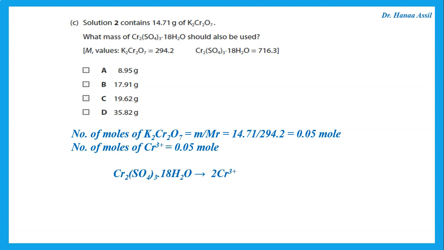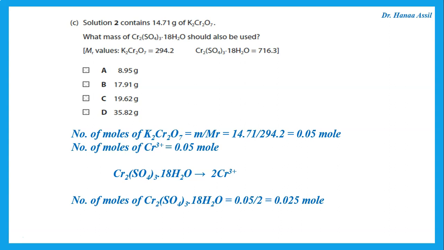But the problem is the chromium sulfate, Cr2(SO4)3: 1 mole of this solid will provide 2 moles of chromium 3+. And that means if I'm trying to get the number of moles of the solid, that would be half of what we require for the chromium 3+, because each mole gives twice the number of moles of chromium 3+.